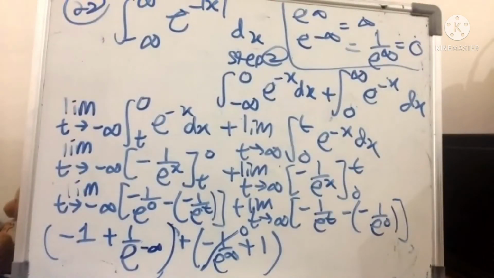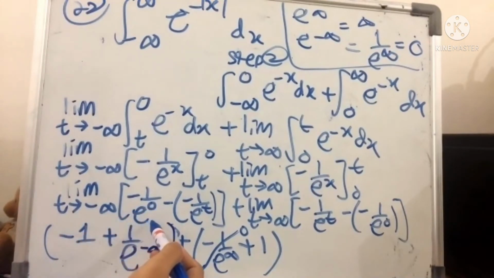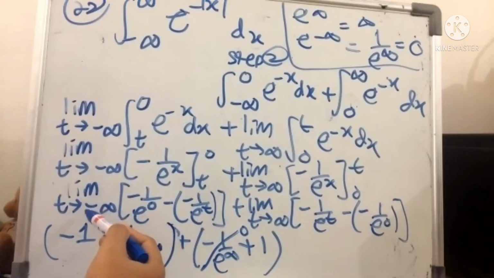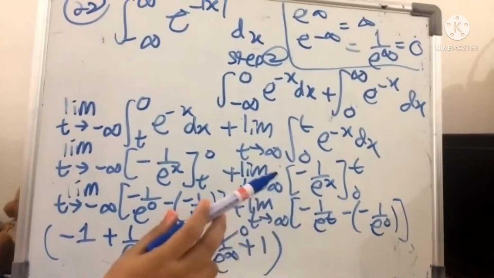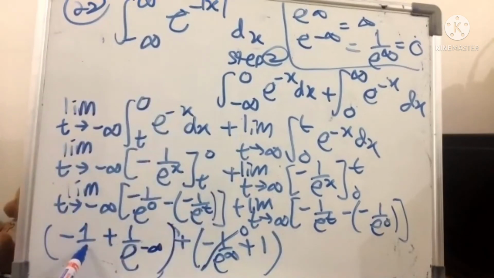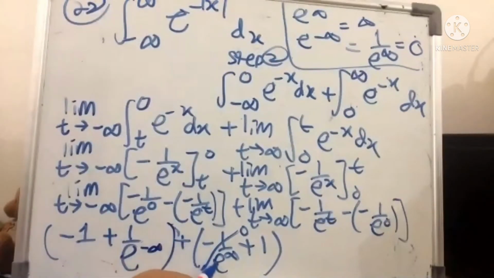Okay, so we go to the last one, which is to substitute the value of negative 1 over e to the power of 0, where e to the power of 0 is 1. And then plus 1 over e to the power of the limit t approaching negative infinity, plus negative 1 over e to the power of infinity plus 1 over e to the power of 0. So this one is negative 1. This one is 1. But here, e to the power of infinity is infinity, so 1 over infinity is 0.